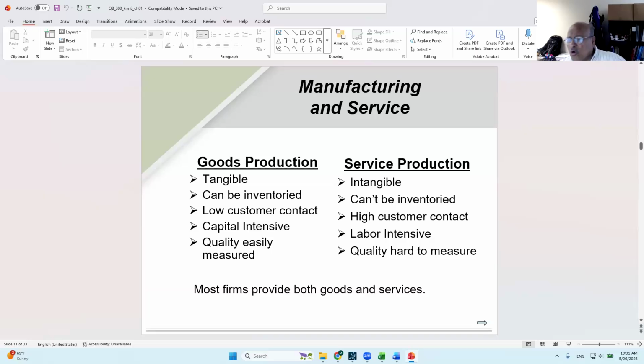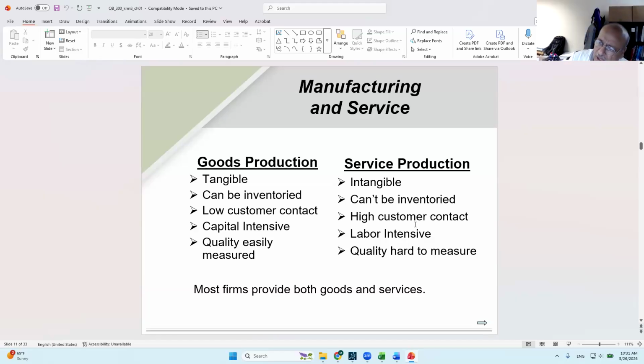Goods production, you don't really need customer contact, but service production, like when you are designing an electronic system, you need to talk to your customer about what they want. Maybe produce a survey to understand the needs of the customer.